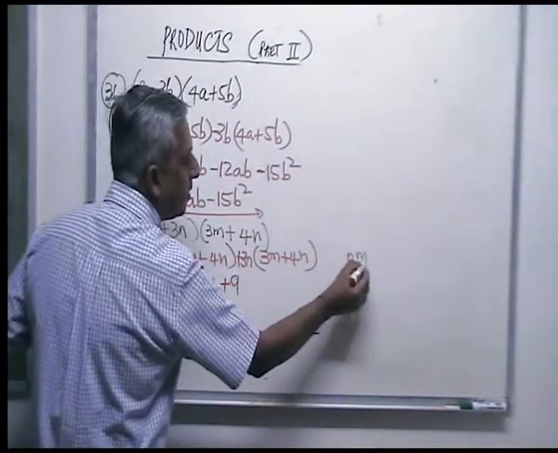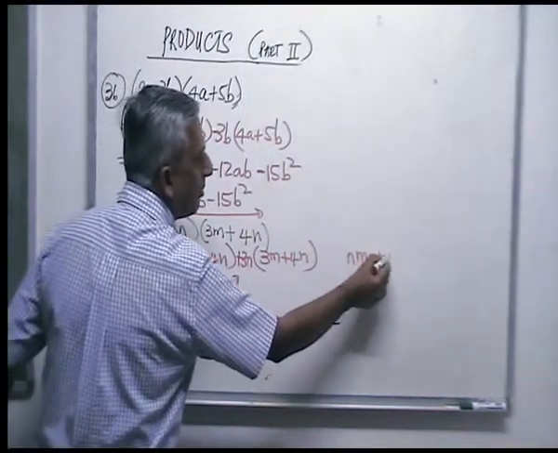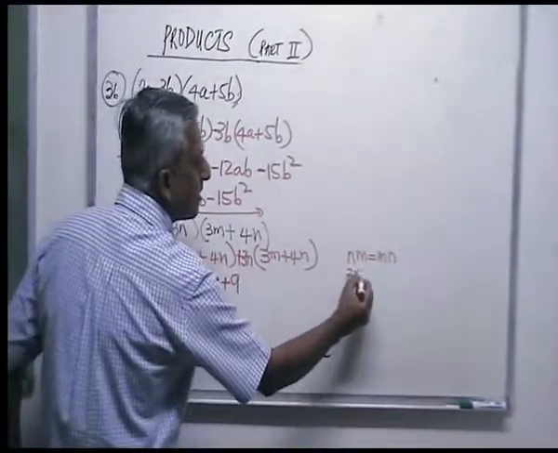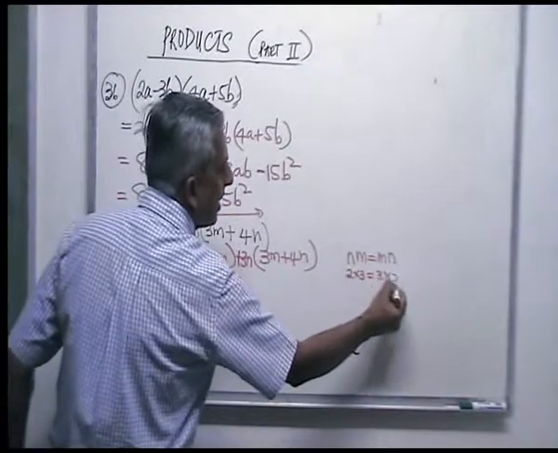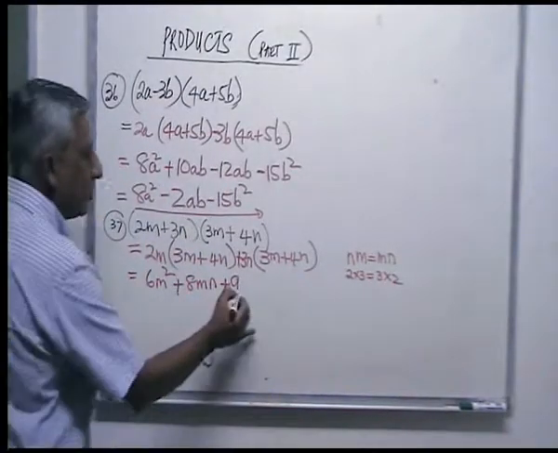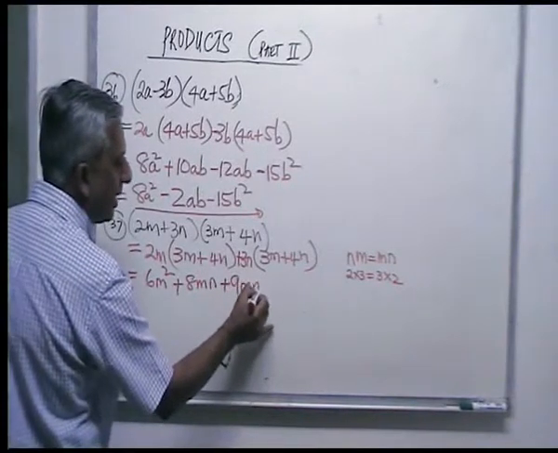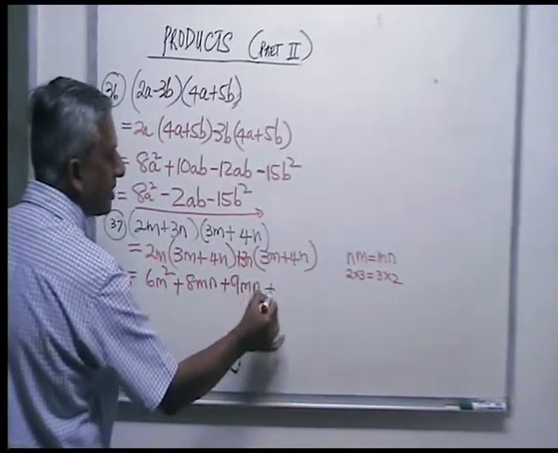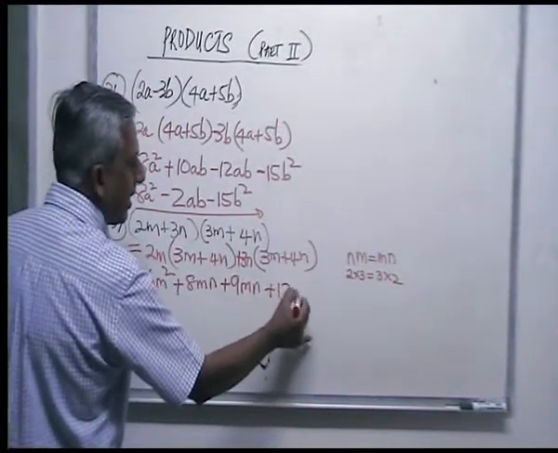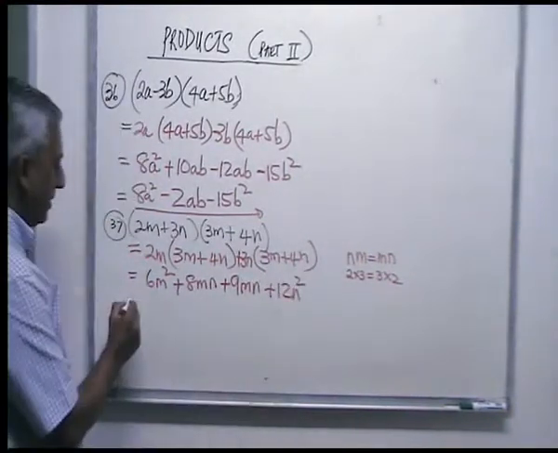See, nm is the same as mn, it's the same thing. It's like saying 2 times 3 is 3 times 2. 2 times 3 is 6. 3 times 2 is also 6. So you can write mn here, plus 3n times 4n will give you 12n squared.